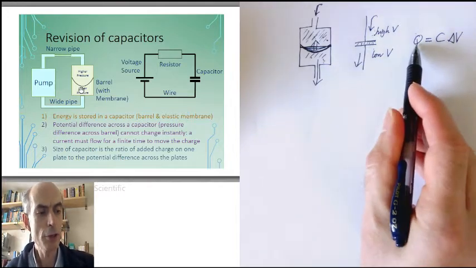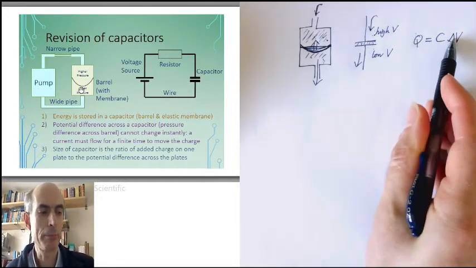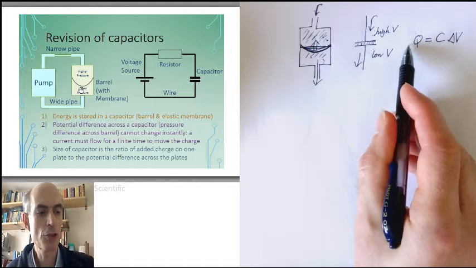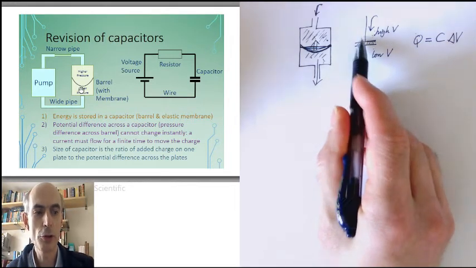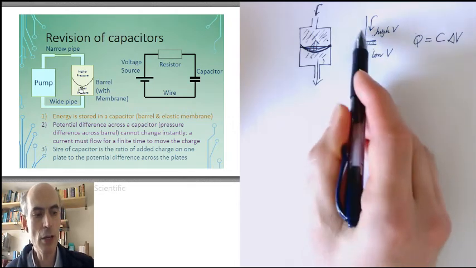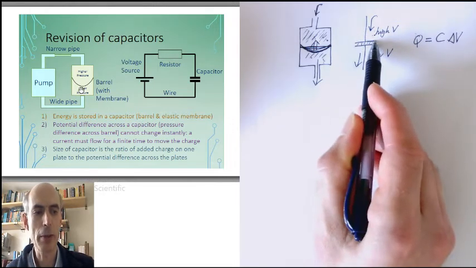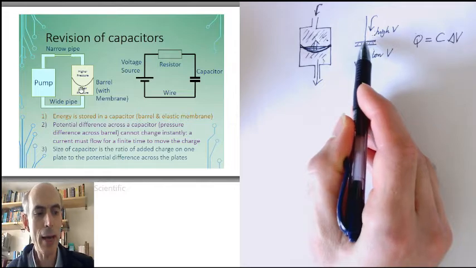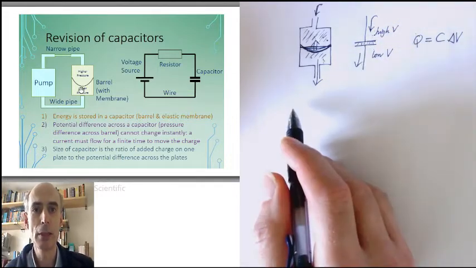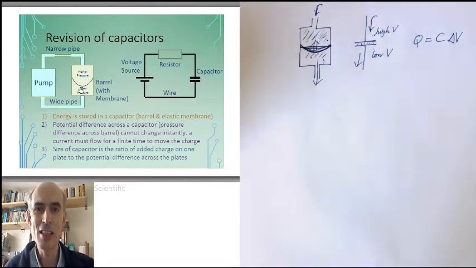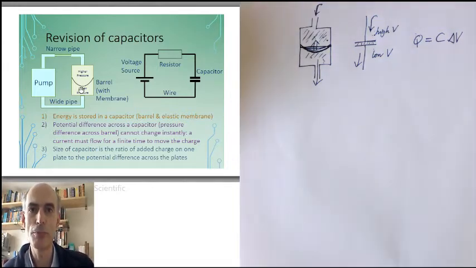If I differentiate this with respect to time and look at the change in the charge per unit time, well, the change in the charge on one side of the capacitor per unit time, that is just the current flowing onto the plate of the capacitor. By definition, the current is the rate at which the charge is moving.